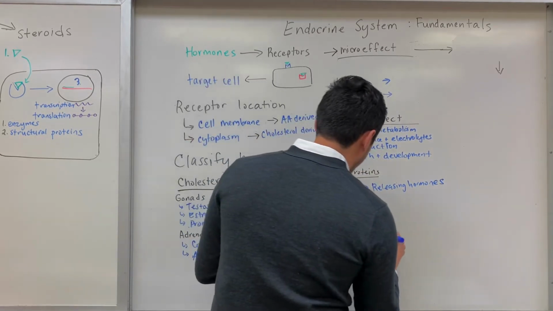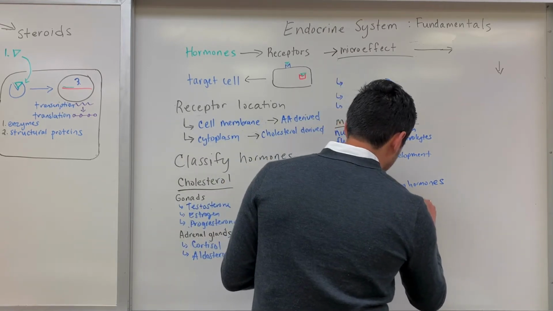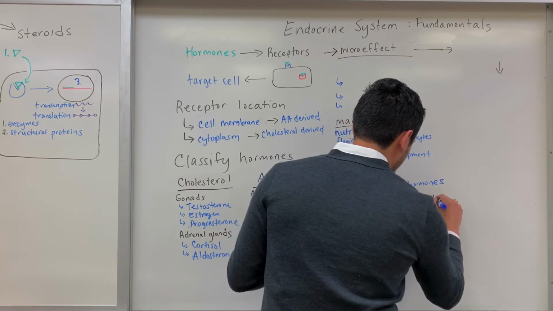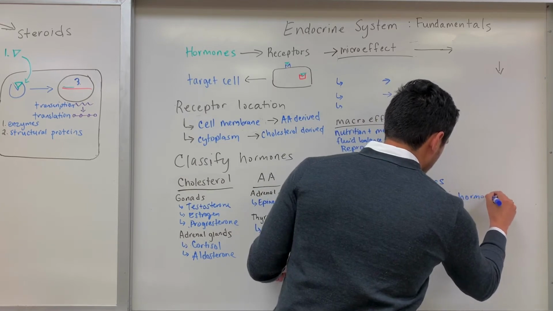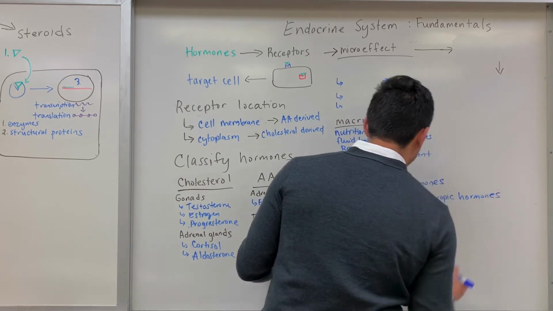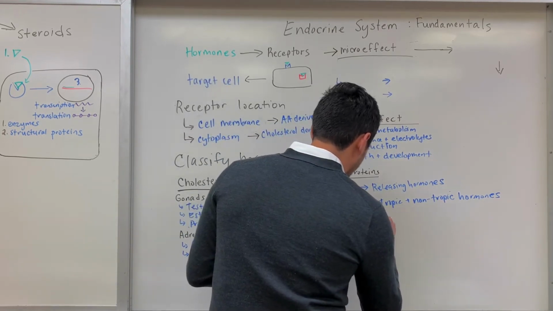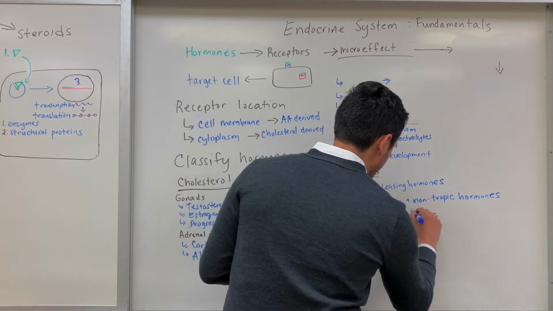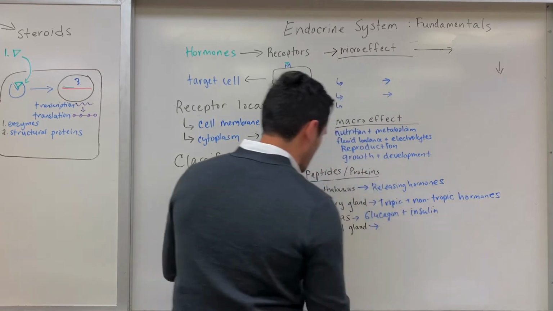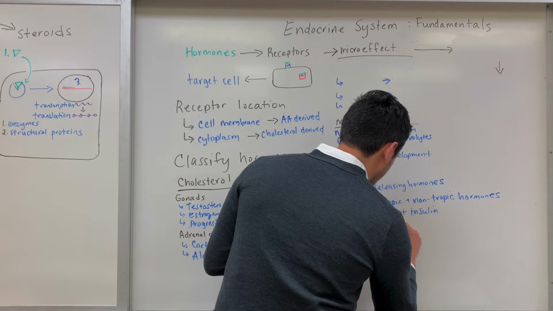For the pituitary gland, this includes tropic as well as non-tropic hormones. We're going to discuss what these terms mean a little bit later on. For the pancreas, a couple of the different hormones include glucagon as well as insulin. And then for the thyroid gland, we have something that's known as thyroid stimulating hormone.